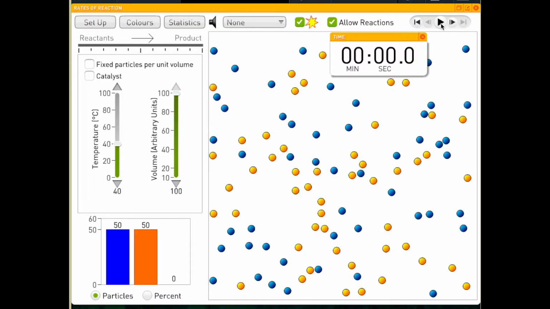Okay, so we're going to have a look at how temperature can affect our rate of reaction. So we're going to go at 40 degrees and see how long it takes us to make 50% of our product, and then we will repeat it at a higher temperature.